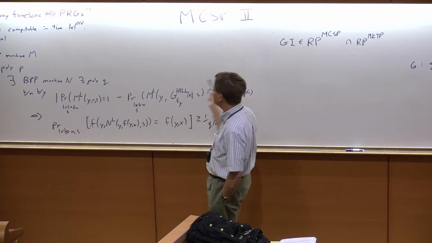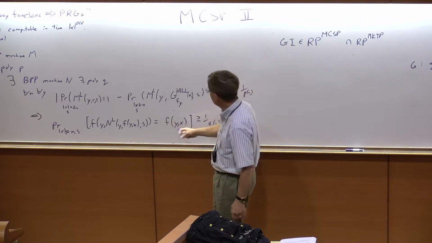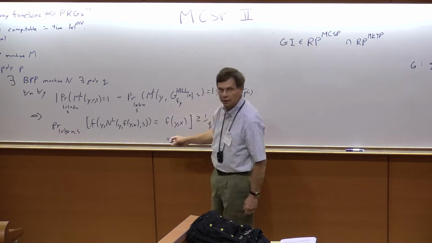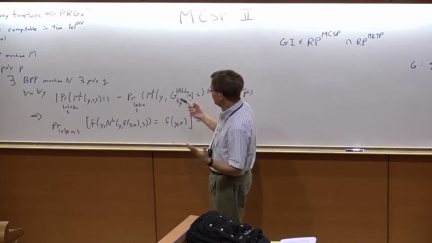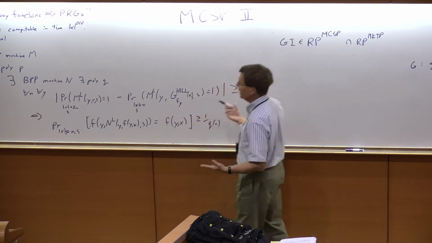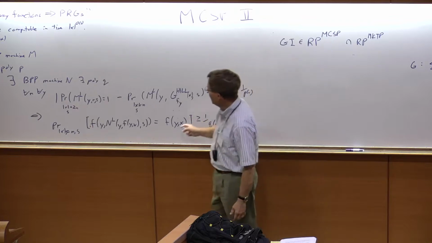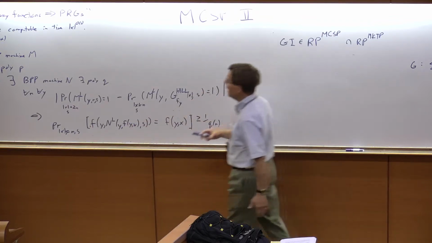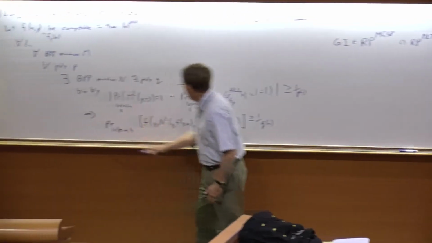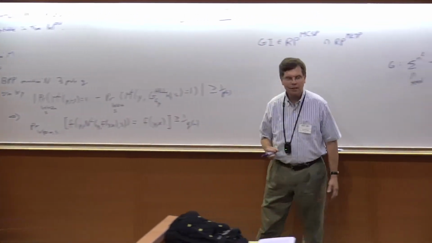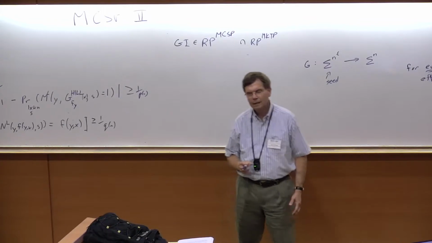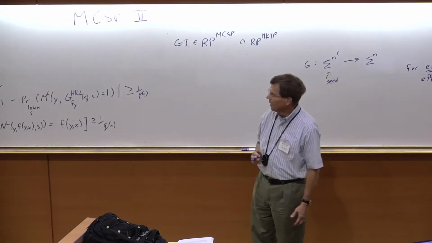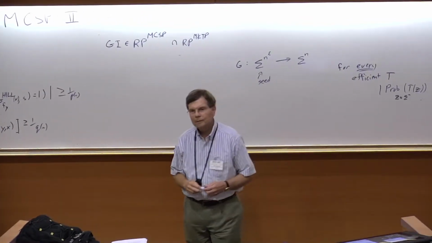So in other words, it allows us to find something in the preimage of this string. We can't always find the preimage, but we can do it with reasonably high probability over a random string x of length n.